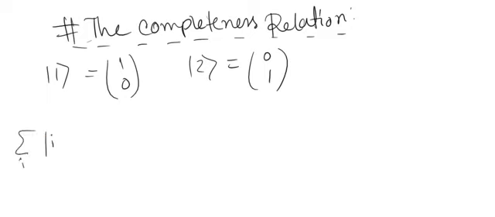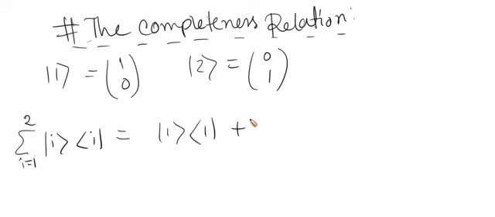That is the sum over i, which will start from 1 and run up to the dimension of the vector space. Here it will be 2, so this will be |1⟩⟨1| and you will have |2⟩⟨2|. Very simple thing to do. And recall that in our past lectures we saw how to evaluate an outer product, but here I'm going to show you explicitly again.